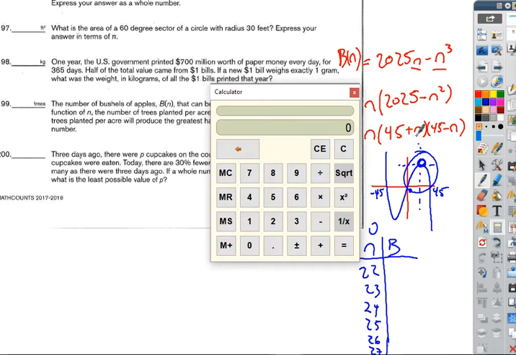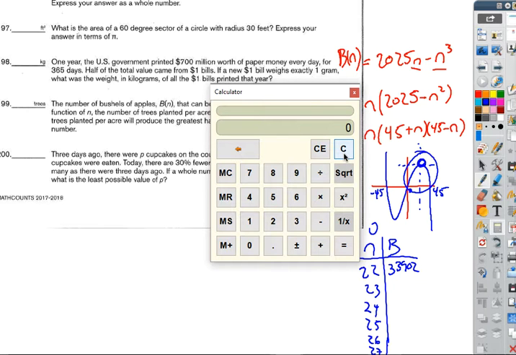So I put 22 into both of them. 45 plus 22, and I'm going to multiply that by 45 minus 22, which is 23. I'm going to multiply that by my 22 again, and I get 33,902.